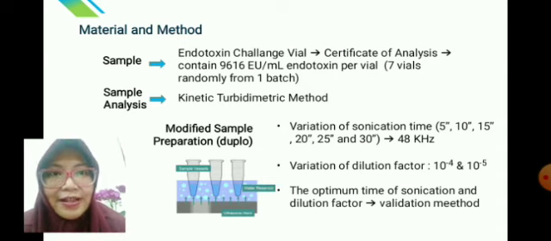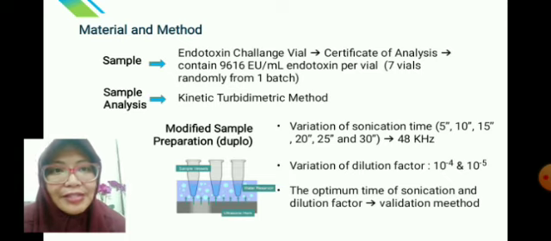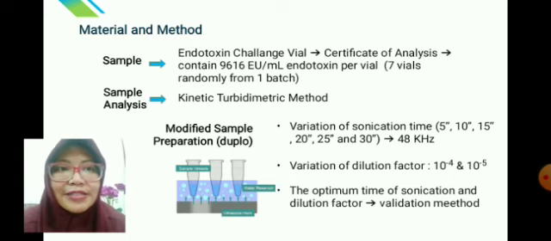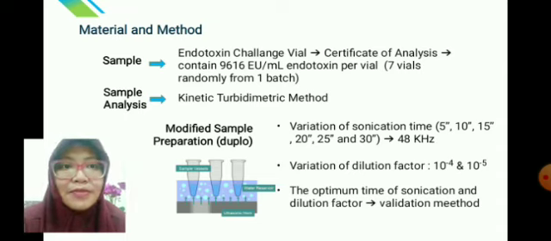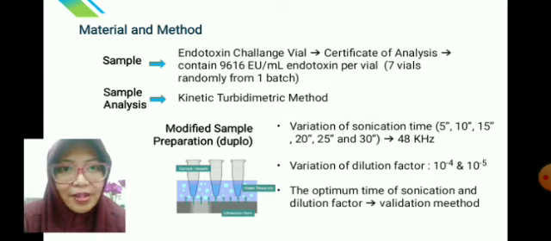For material and method, in this research, our sample is the endotoxin challenge vial that has a certificate of analysis and contains 9,616 EU per ml. Our research used seven vials randomly picked from one batch.